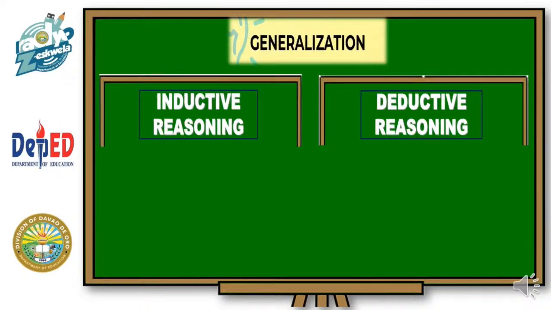Now, you have already been given some examples of inductive and deductive reasoning. Let me give first a wrap-up on what we have discussed earlier before we proceed to our first learning task.